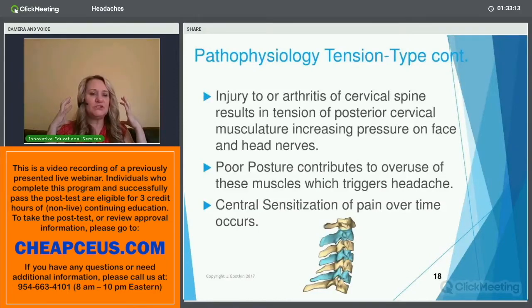From those receptors in the cervical spine, we are seeing that the spinal nerves on the dorsal horn, all this pain input is coming in, and it is being transmitted to the trigeminal nuclei in the brain and up for processing. Because there is so much constant input from those peripheral mechanisms, it's causing a dysregulation, where the brain becomes hypersensitive to these pain inputs, and it takes less input to evoke a higher pain response. So that's the centralization of pain.